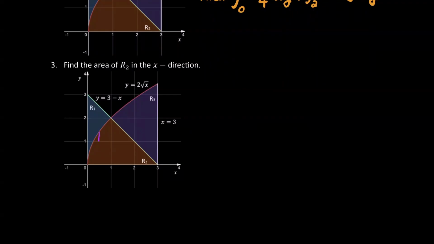As you can see, on the left-hand side, it goes from the curve 2 square root of x all the way to the x-axis, but toward the right side, it goes from the line 3 minus x all the way to the x-axis. So we cannot do it in one integral. We have to break it up and do it in two integrals.